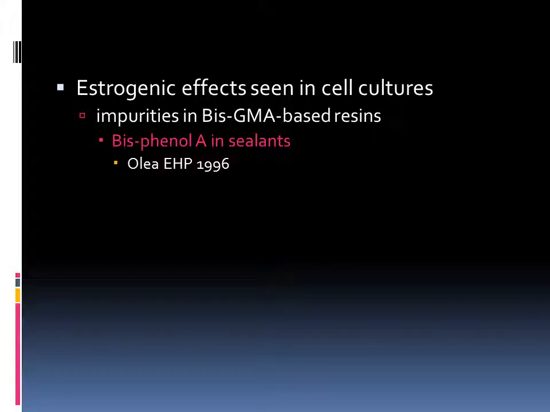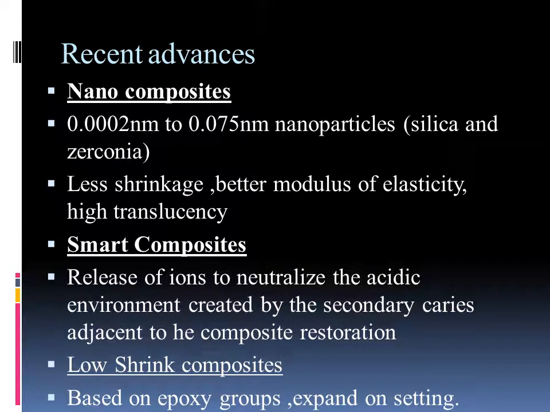Some studies stated that there were some estrogenic effects in the cell cultures because of the BIS-GMA. However, again, the better improved composites have overcome these problems. So basically, it has no biocompatibility issues other than that it can cause allergic reactions in some people.